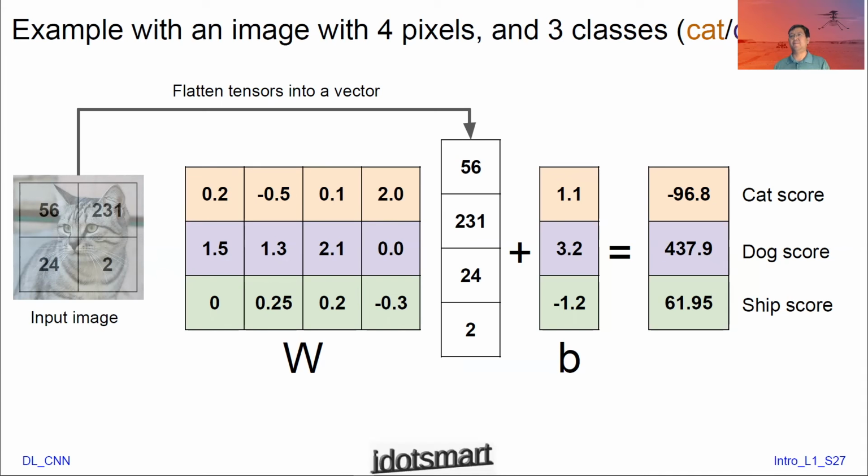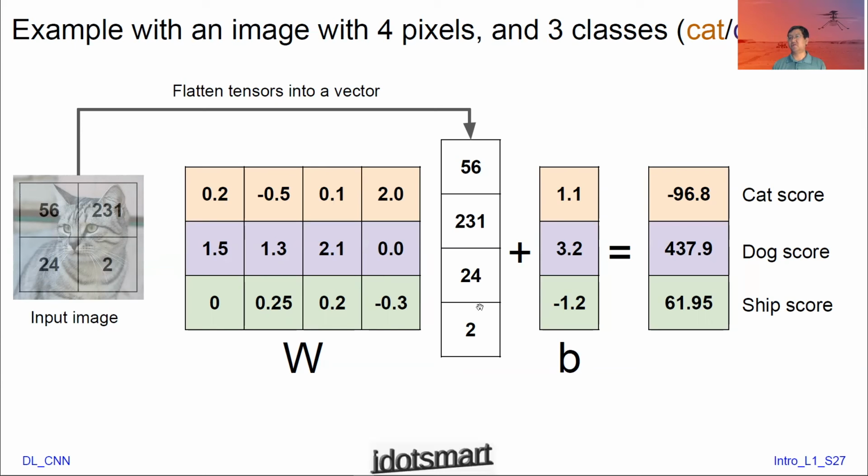We just illustrate here with a 2 by 2 pixel image. So we have a weight here. Actually these are parameters, which we will get through training. Okay, so we have weight, and I have a bias.